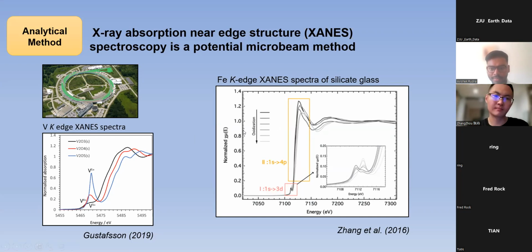As the system becomes more and more oxidizing, the centroid energy becomes higher and higher, which correlates with the amount of ferric iron. So we used a similar technique, the XANES technique, but for pyroxenes. It is very well developed for glasses, but we developed it for pyroxenes, both CPX and OPX.